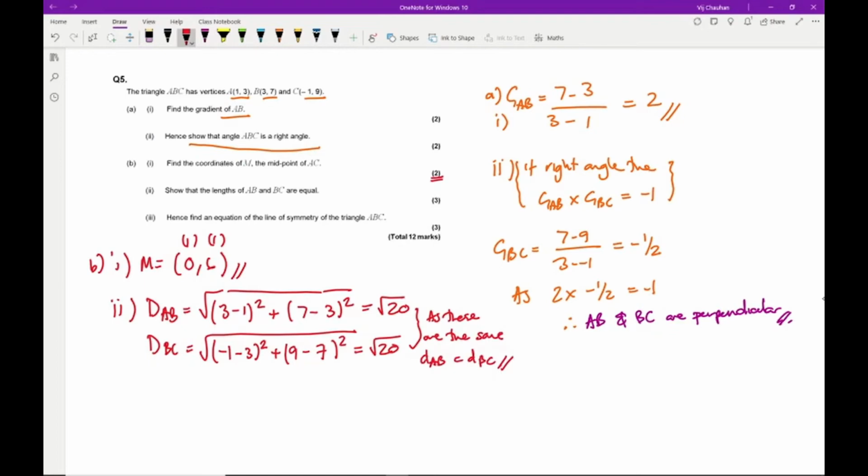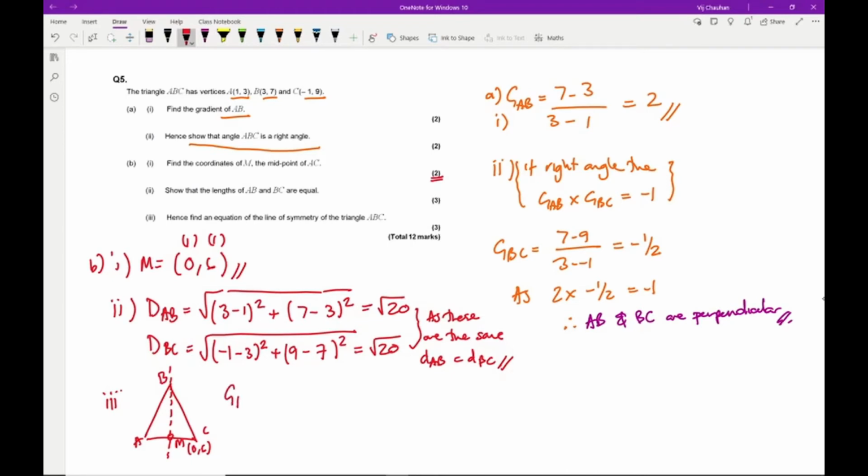And then finally for the third one, it says, hence find the equation of the line of symmetry for the triangle ABC. If we look at the triangle ABC, here is our line of symmetry. Here is our midpoint, which we've already worked out as being (0, 6). The next thing we need to do is find the gradient of the line BM.